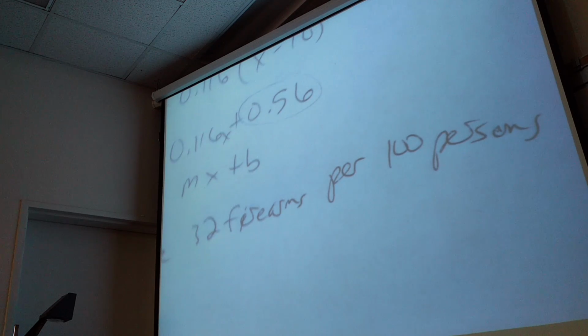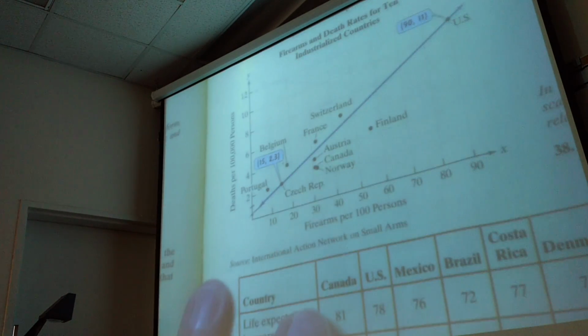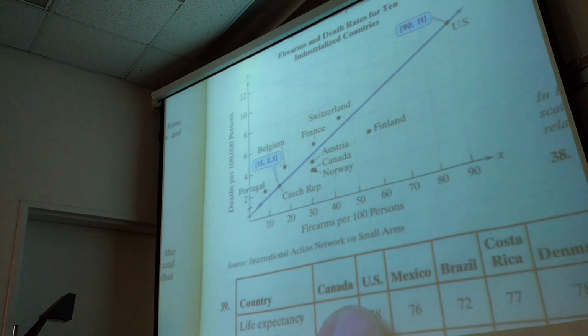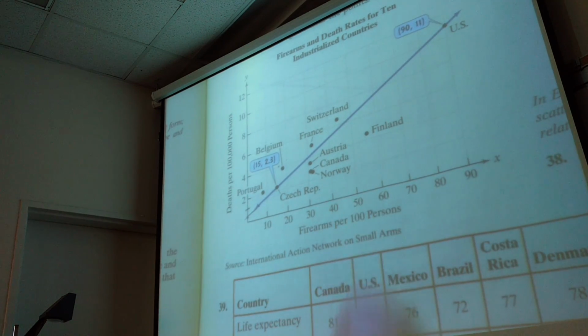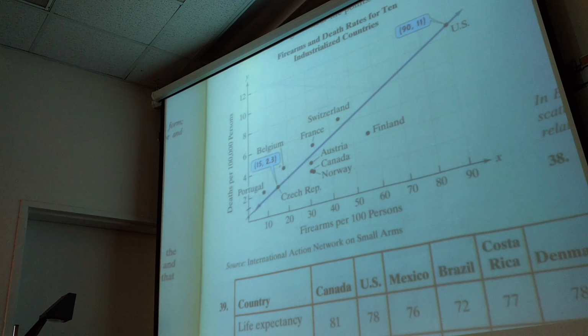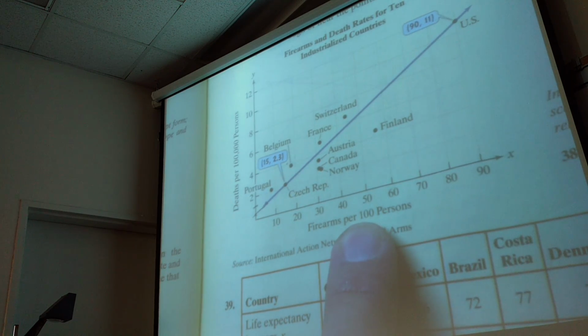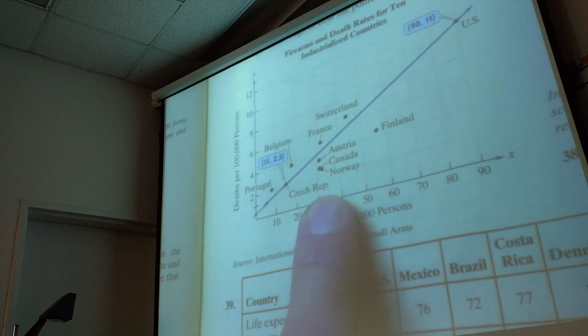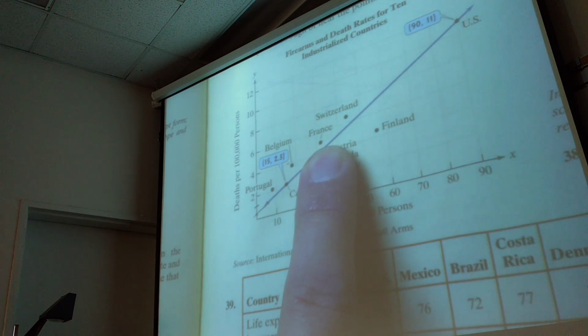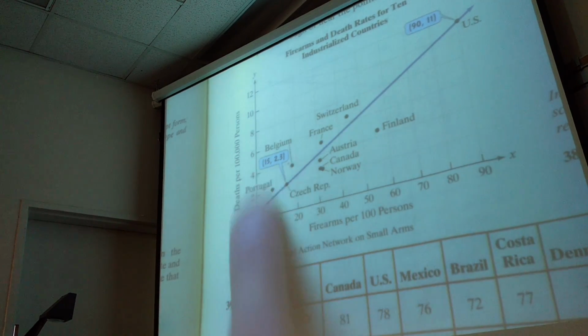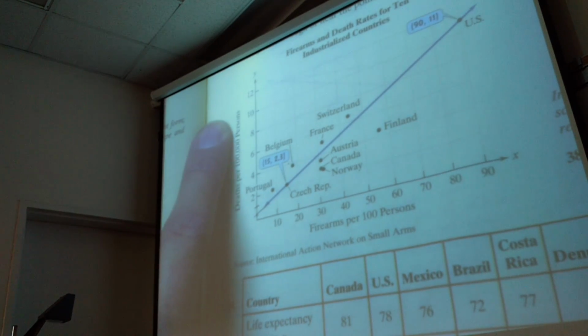So again, this is where you have to know, what does the x variable represent in this problem? And how do you figure that out from the graph? Well, where's the x-axis? And what's it labeled as? Firearms per 100 persons. So France would be right around at 32. There's France right there. We can estimate how many deaths per 100,000 persons.